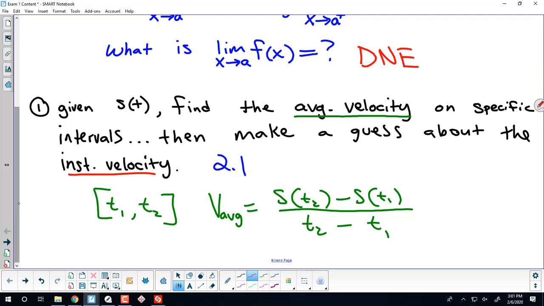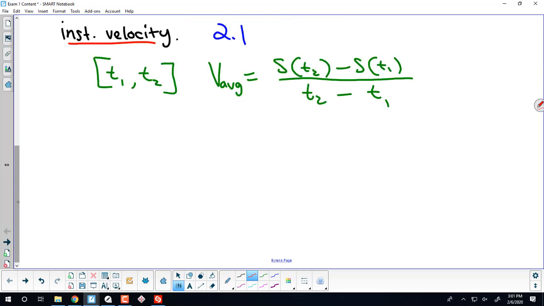The average velocities are not your instantaneous velocities, nor, if I ask what's the instantaneous velocity at a particular time, are you going to look at the position function evaluated at that time.